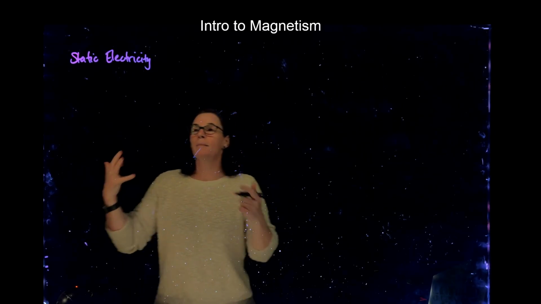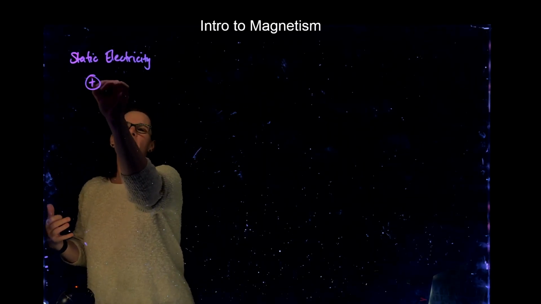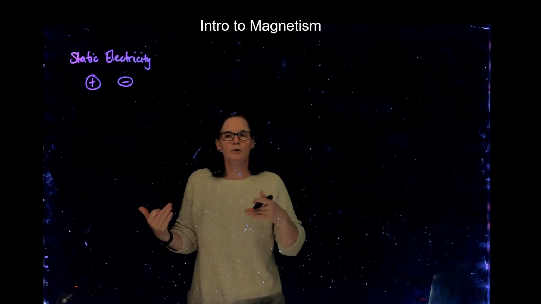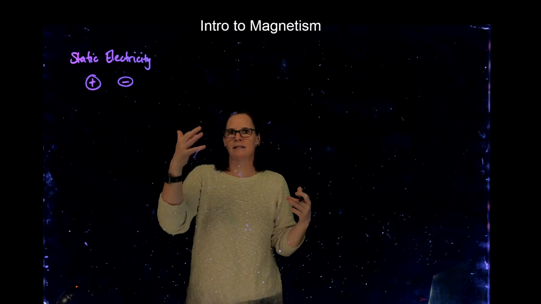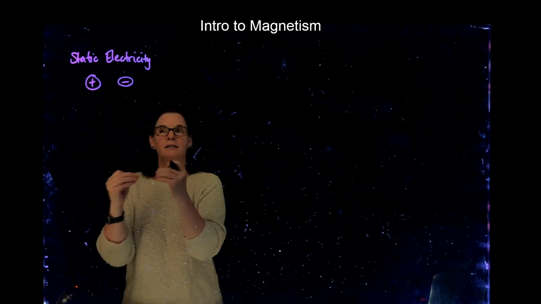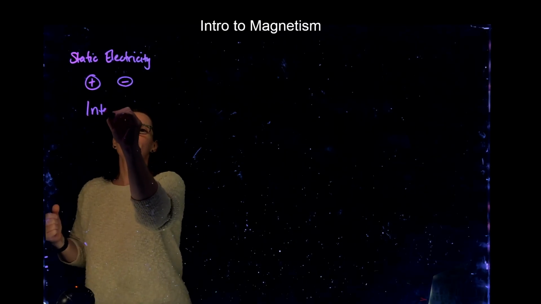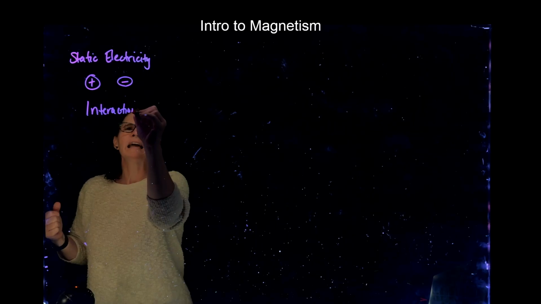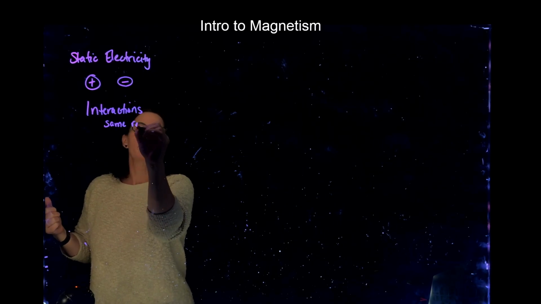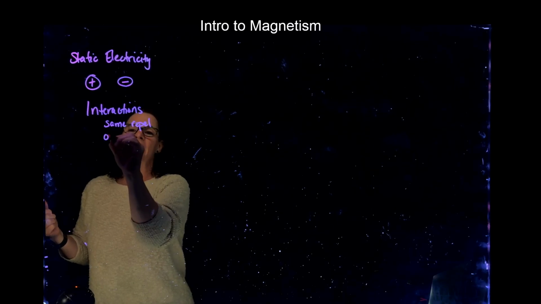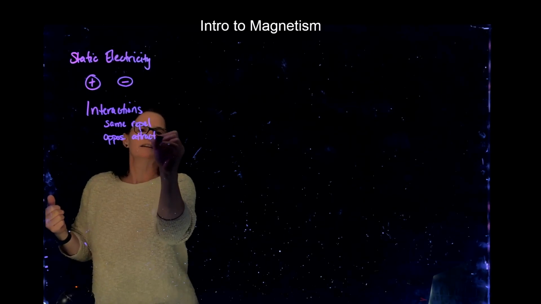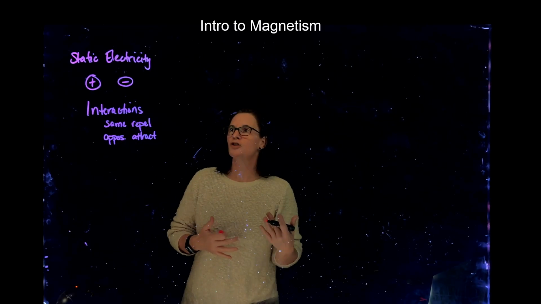So remember, we had two charges, right? We had three charged states, but two charged particles, positive charges and negative charges. And we also saw that they interacted with each other. And those interactions were that the same repel and the opposites attract. Right? So likes repel, opposites attract.